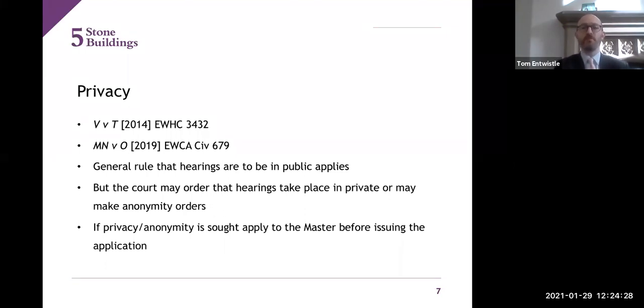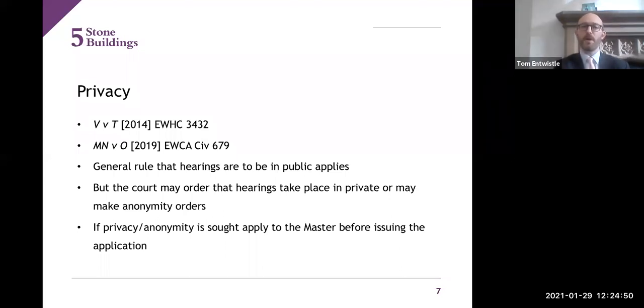He said that the general rule was a fundamental principle of open justice, and that clear and cogent evidence would always be required to justify any departure from it. He was clearly pretty unimpressed by the evidence of commercial sensitivity, described as thin.